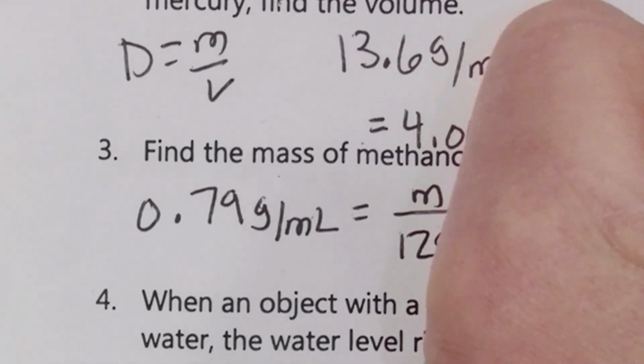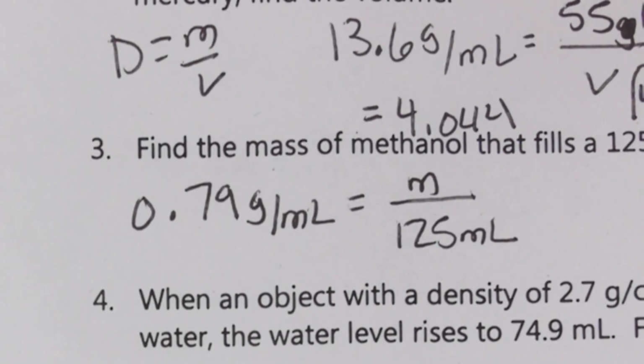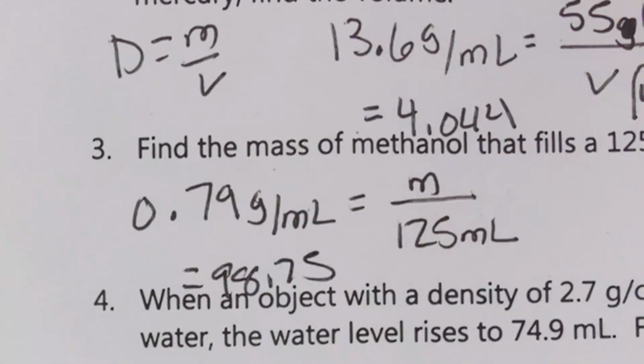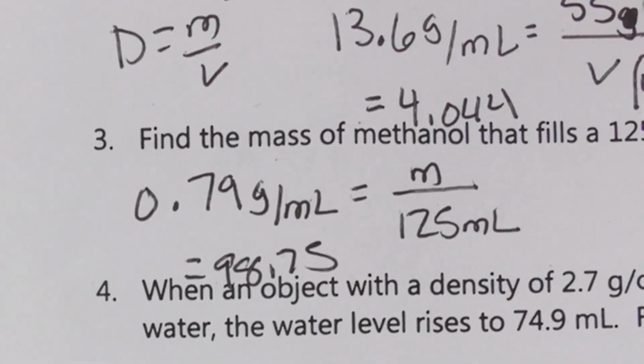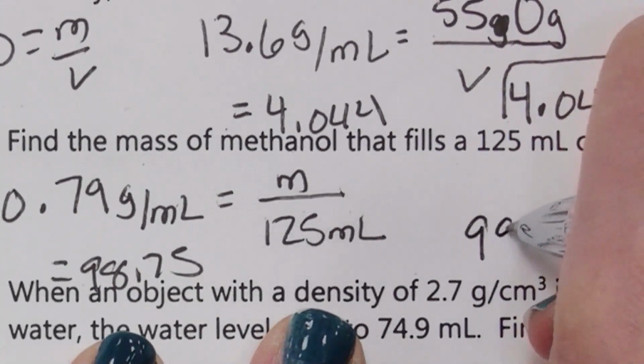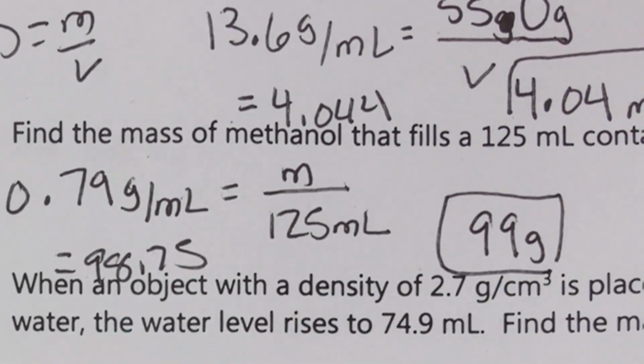And our volume is 125 milliliters. So when I plug this into my calculator, I'm going to get an answer of 98.75, and I'm going to go ahead and round that to 2 sig figs, so that is 99, and my units are going to be grams.